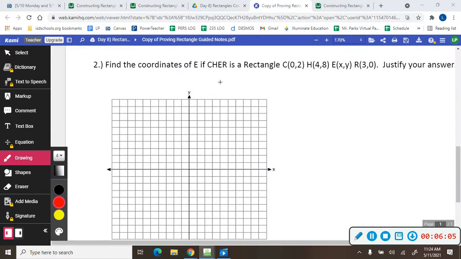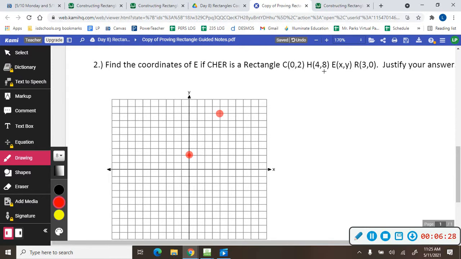So now they want me to find the coordinate of E given that you have a rectangle. So we have C at 0, 2. We have H at 4, 8. So over 4, up 8.